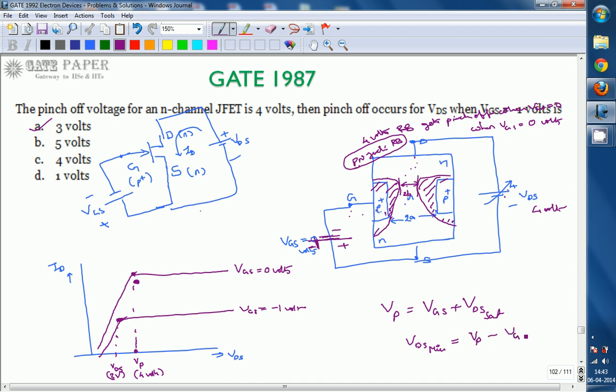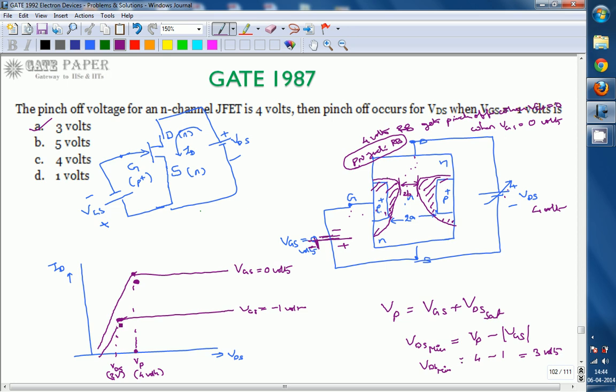Here, for VGS you should take the magnitude only. So VP is 4 volts and VGS is 1 volt, so 4 minus 1 is 3 volts. 3 volts is the minimum drain to source voltage at which pinch off occurs. You can apply more also, but nothing happens, the same situation remains.